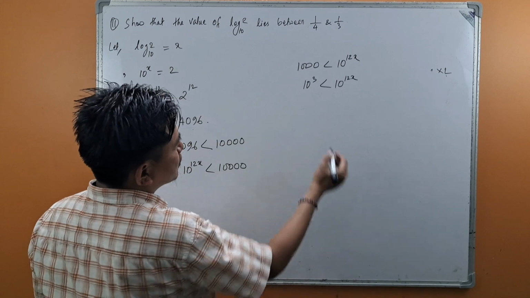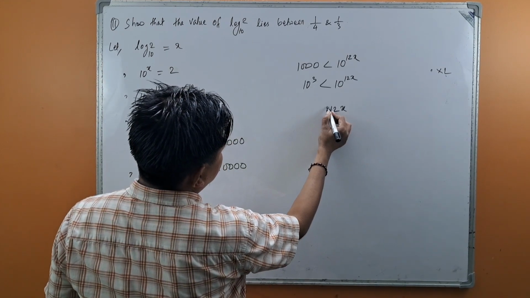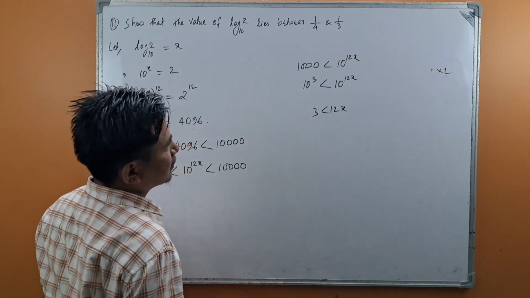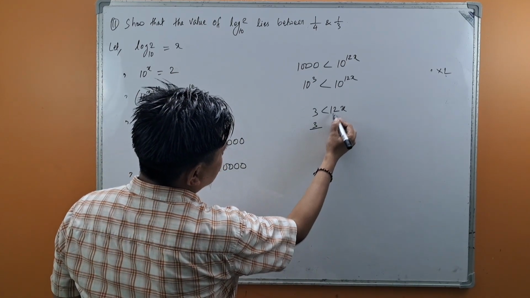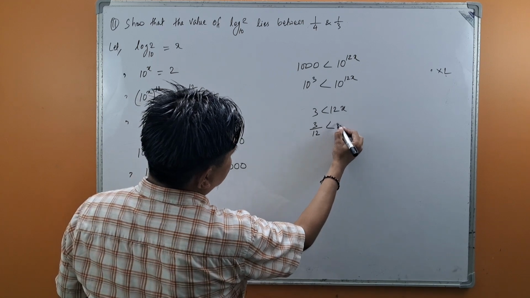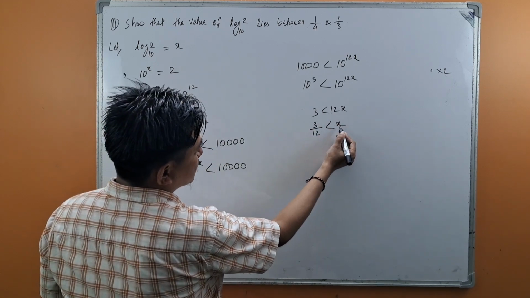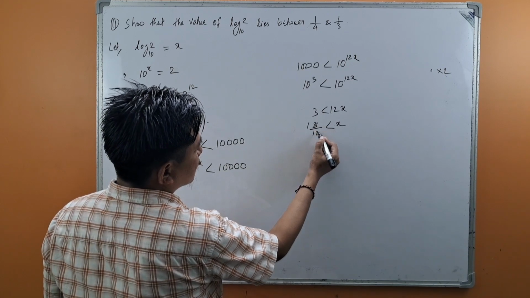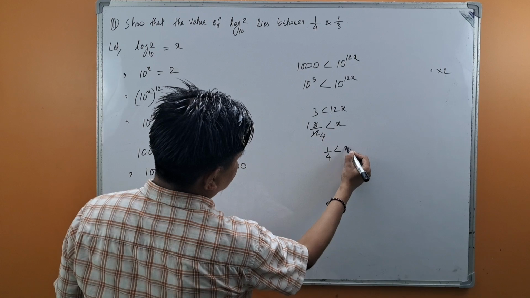The bases are the same, so 12x is greater than 3. This 12 comes here, so x is greater than 3 upon 12, and 3 upon 12 is 1 upon 4. So 1 upon 4 is lesser than x.